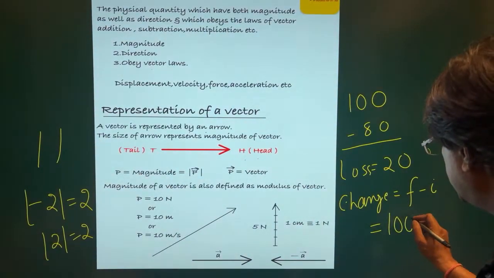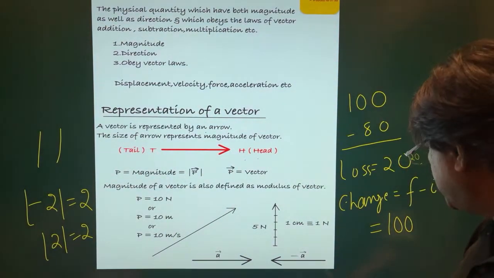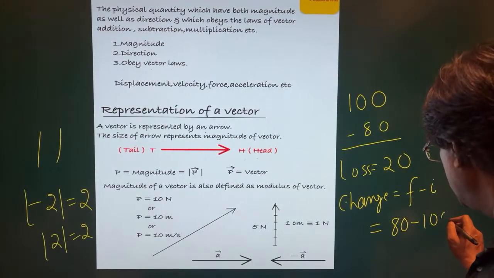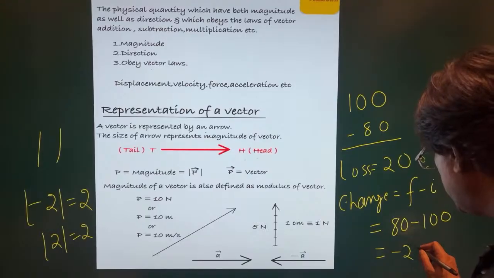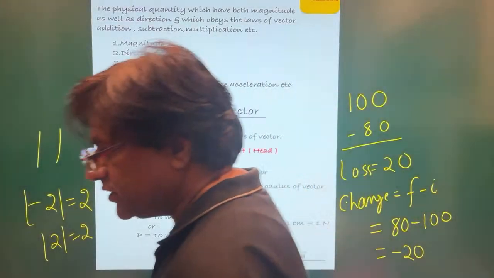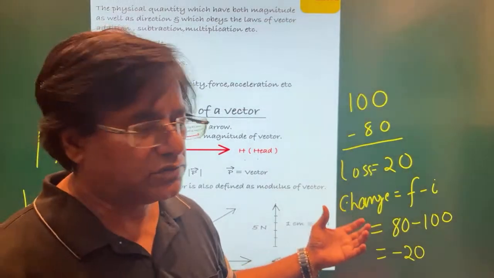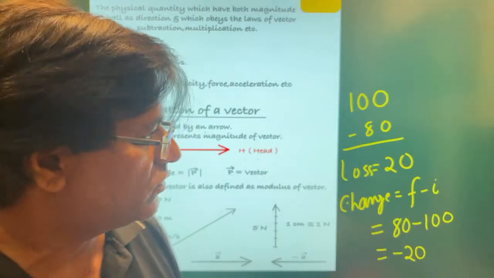Final value is 80 and the initial value is 100, so the change is -20. Here the change is -20, but this minus represents loss. So if the loss is asked, we will say there is a loss of 20.